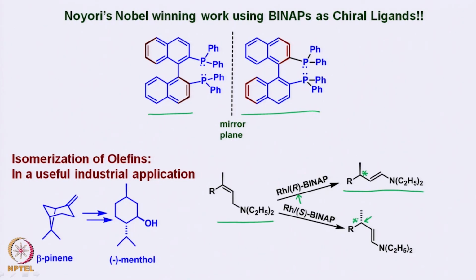And this kind of isomerization of olefins, as one can imagine, we can do the hydrolysis of these enamines and get the corresponding aldehyde. This is what was utilized in the synthesis of menthol by Takasago company, and the beta pinene was eventually converted to this minus menthol using a series of reactions, one of them being isomerization of olefins using a rhodium BINAP catalyst.